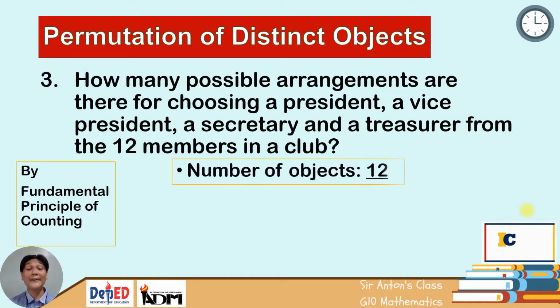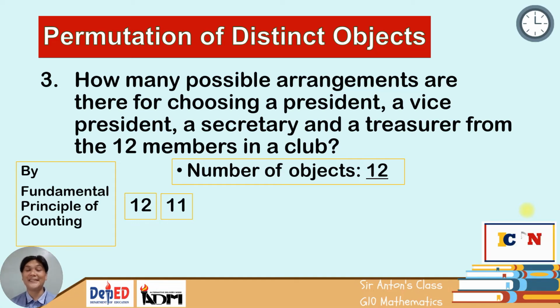So let's have fundamental principle of counting. So first we have number of objects, 12. So if you're going to select or elect a president, of course we have 12. Okay, 12 persons to choose from for the position of the president. Now, after electing a president, how many people are left for the vice president position?